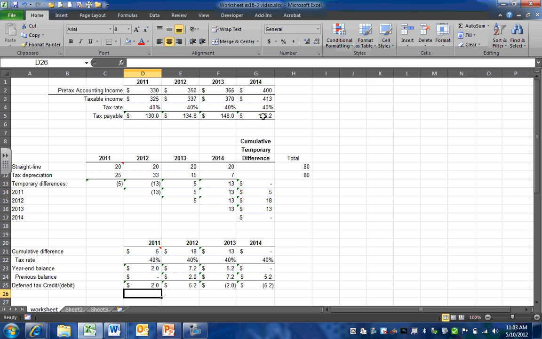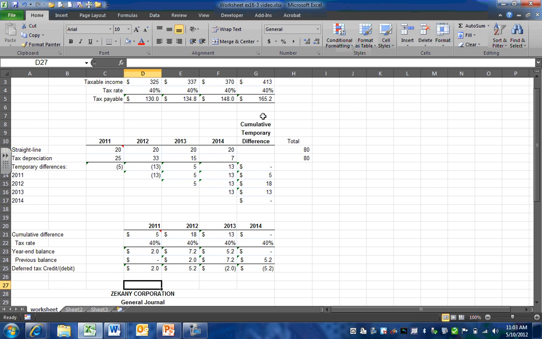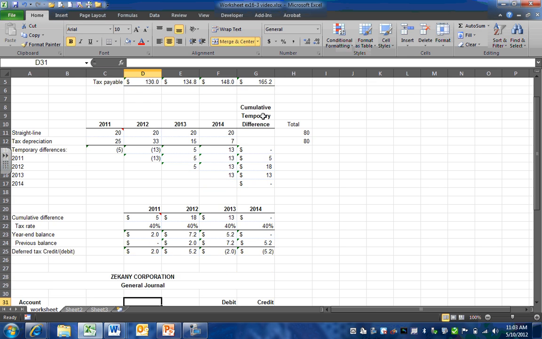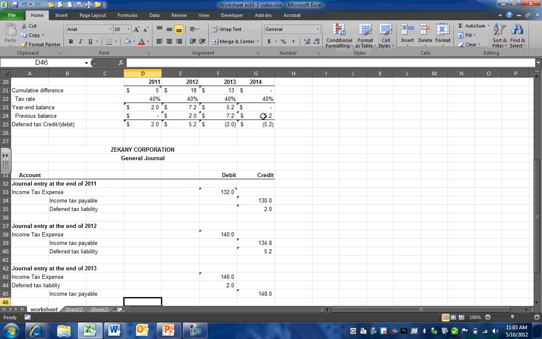We've established what the balance needs to be in the liability account, and then we've determined what adjustment will be made, a debit or credit, to increase or decrease the liability account based on the cumulative temporary difference. And from that we can then prepare our journal entries, remembering that the income tax expense is based on the income tax payable for the period and the change in our deferred tax assets and our deferred tax liabilities.